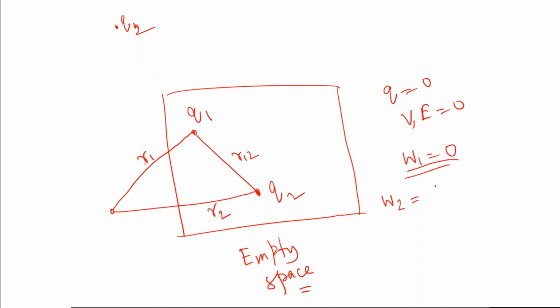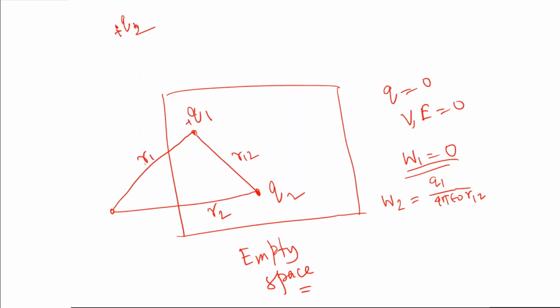So when I bring the Q2 charge, I have to do certain work, because I am doing work against the electric field, the repulsive force actually. You look here, this is a positive charge, this is also a positive charge. So they will repel. So I have to do work against the repulsion. So what is the work done?